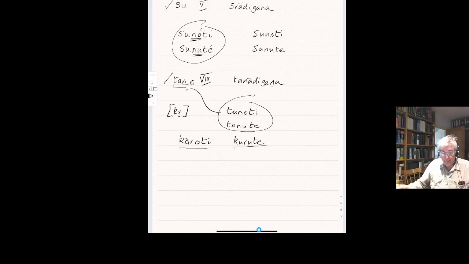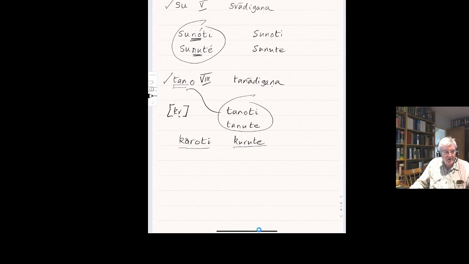As an aside for Pali learners, many of the apparent weirdnesses of this verb in Pali are directly referable, virtually all of them, I think, if not actually all of them, to the fact that this verb is a class 8 verb in Sanskrit and behaves as a class 8 verb should.